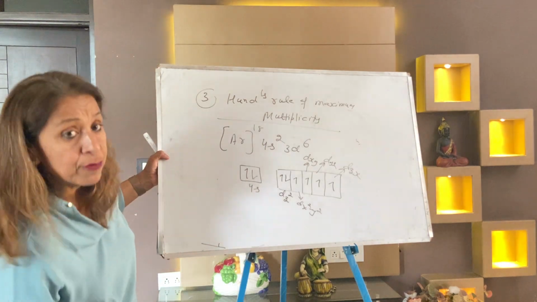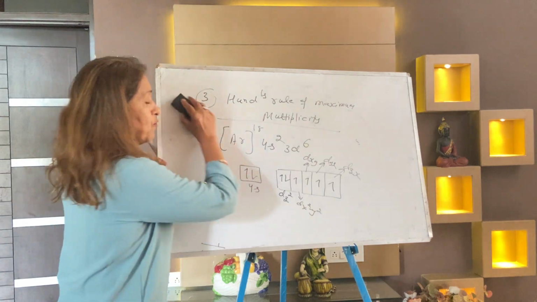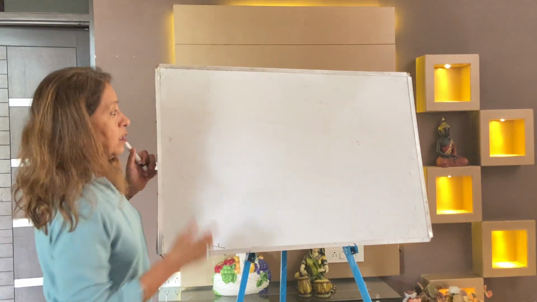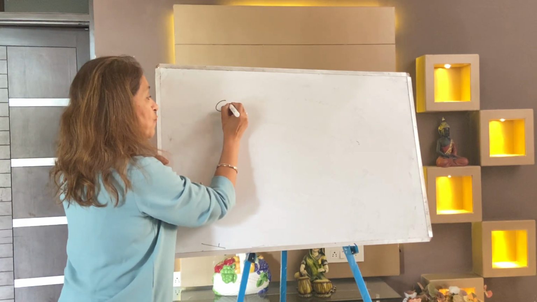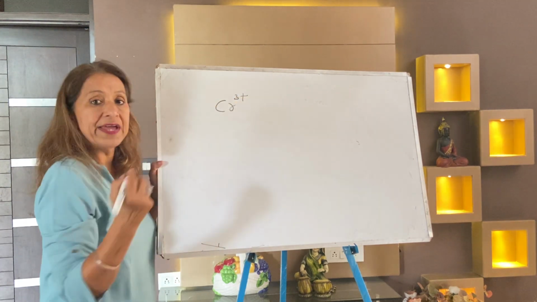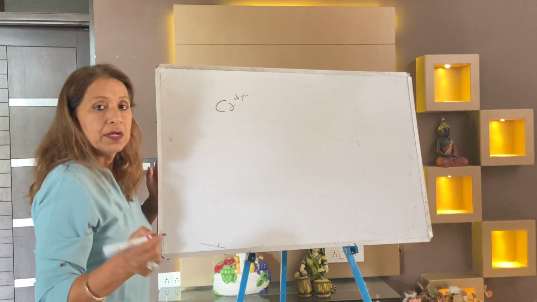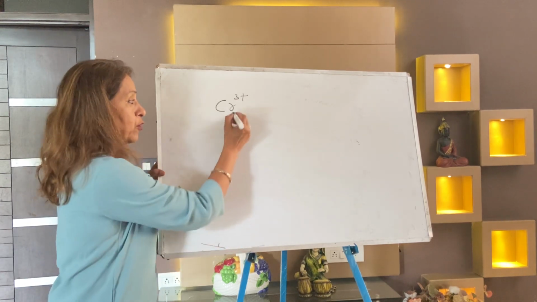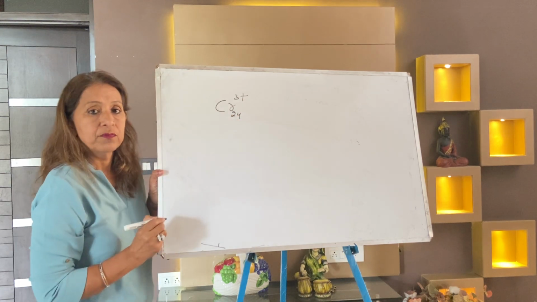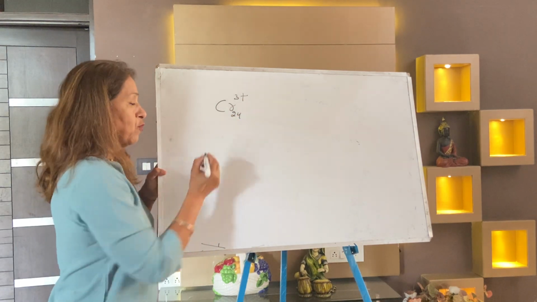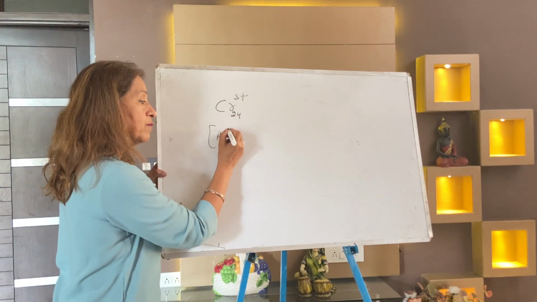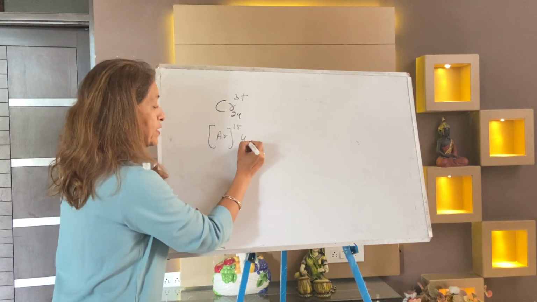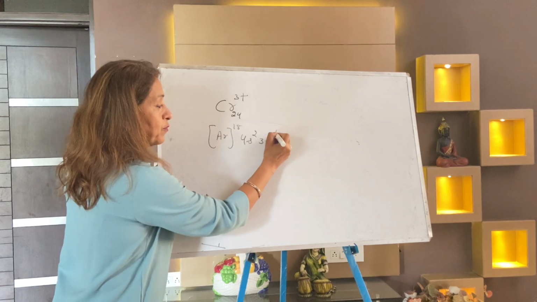Now I am taking ionic configuration. Same rules we will use. I want to write the configuration of chromium 3+, atomic number 24. This is the first time you are learning, so learn slowly. First we write argon 18, the nearest noble gas, then 4s2 and 3d4.